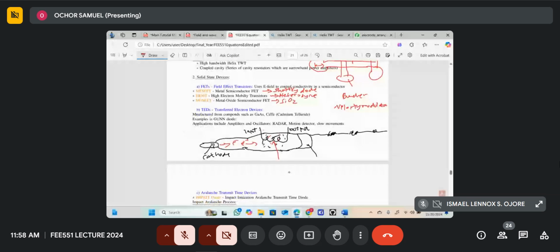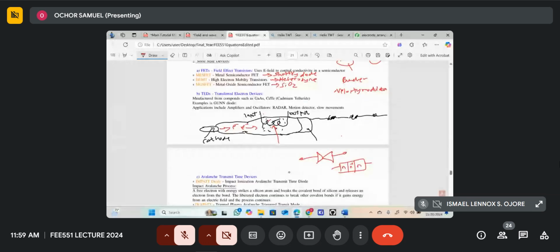I remember it was talking about negative resistance, an inverse relation between voltage and current, where when voltage increases, you have current reducing. That's one thing that stands out with the Gunn diode.